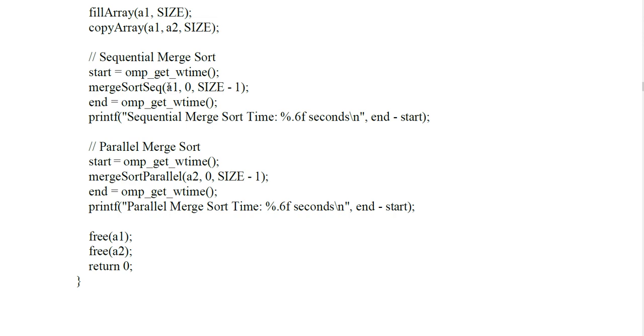In parallel merge sort, we are using OpenMP to create these parallel sections. One thread sorts the left half and the other one sorts the right half. So once both are done, it merges the result. So parallel merge is done.